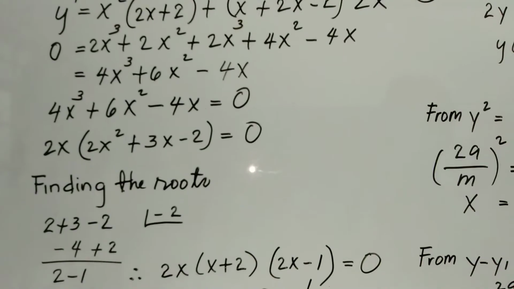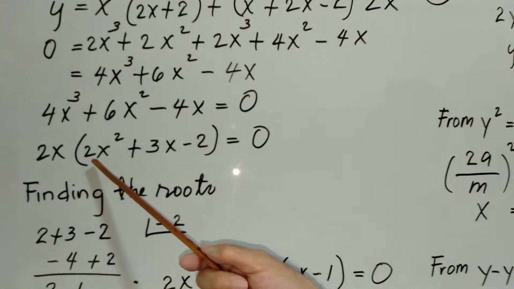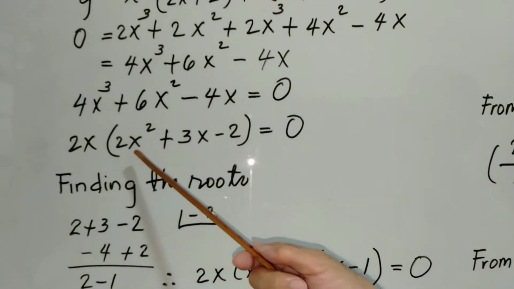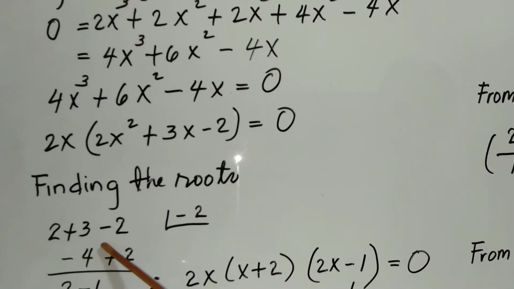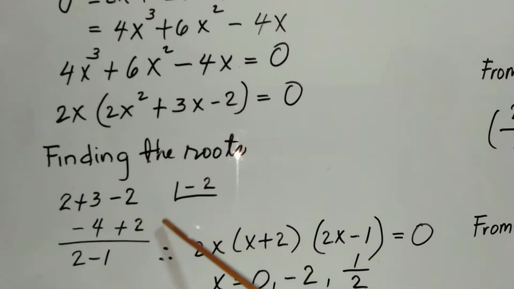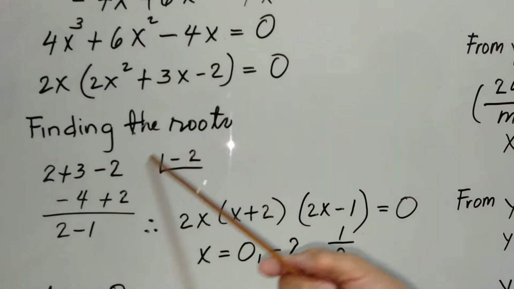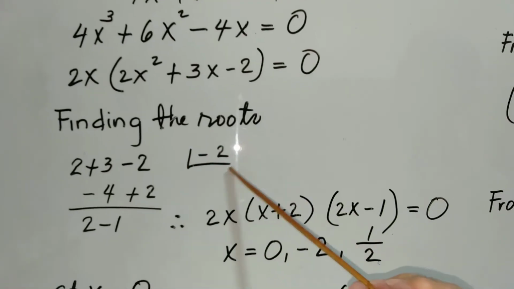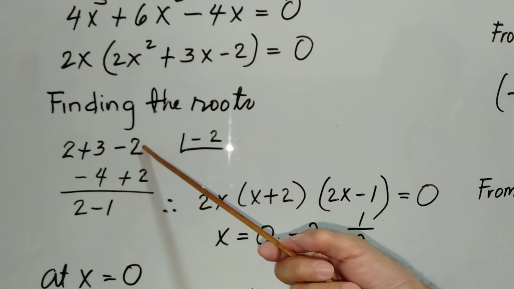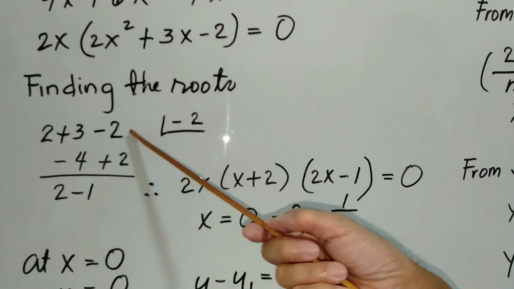So we use the coefficients of this trinomial, 2, 3, and minus 2, and the most possible root is negative 2 since the last term is negative 2.